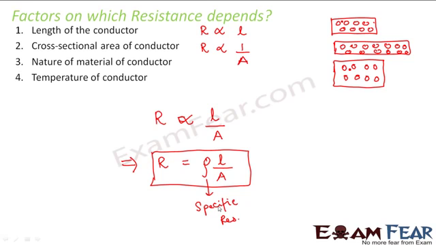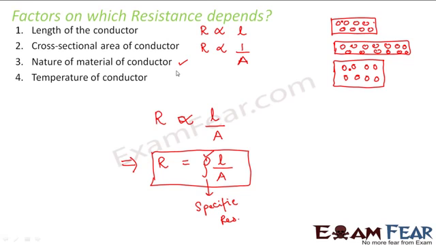This specific resistance is specific to a material. That means the value of rho depends on the material of the conductor. So the value of resistivity is specific to every conductor. If we are talking about a metal, the value of resistivity will be very low. If we are talking about an insulator, the value of resistivity will be very high.